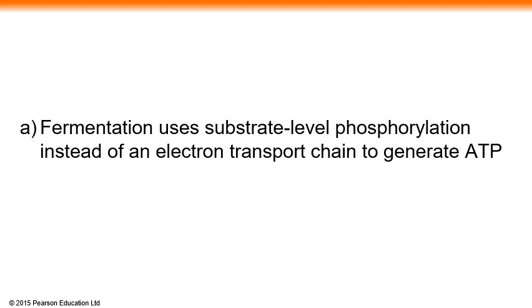Actually, we already saw that 2 ATP are produced by substrate level phosphorylation in glycolysis. That's all the productivity for fermentation.